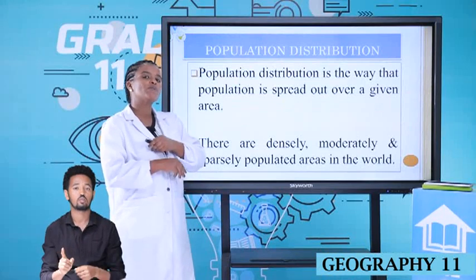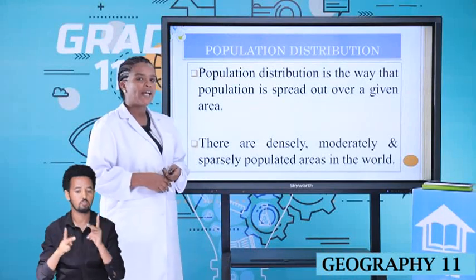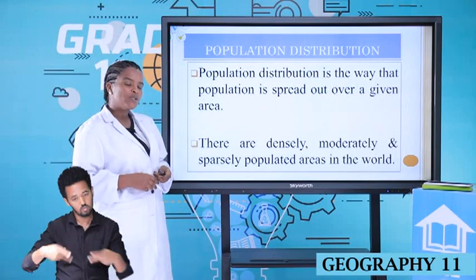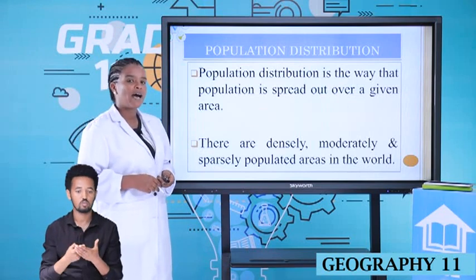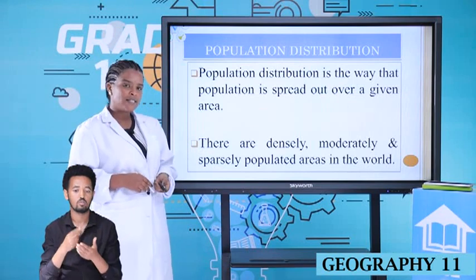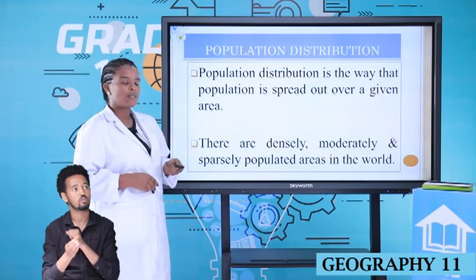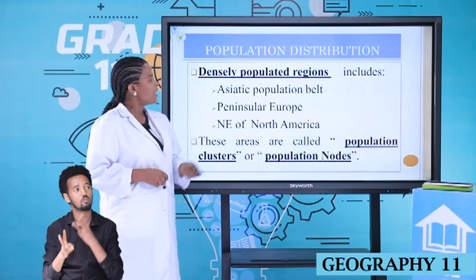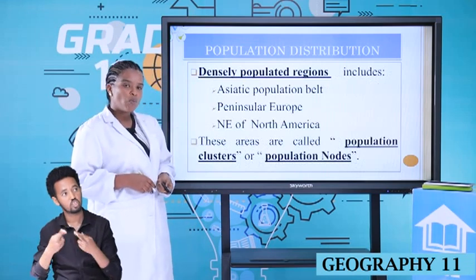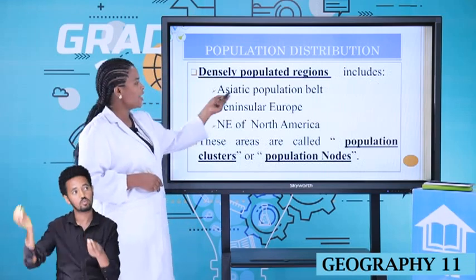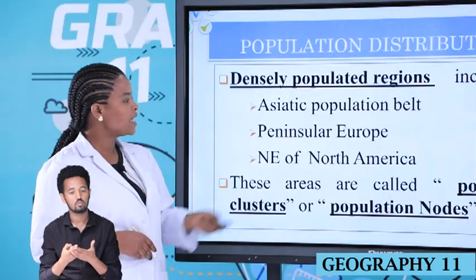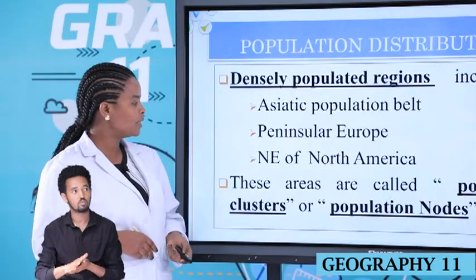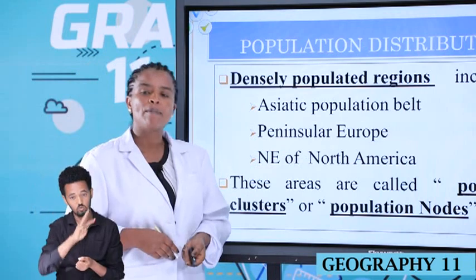Distribution of population is the spread of people over a given area. Population distribution throughout the world is uneven. There are densely, moderately, and sparsely populated areas in the world. Densely populated regions in the world include the Asiatic population belt, peninsular Europe, and the northeast of North America.